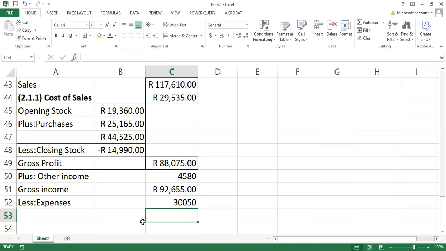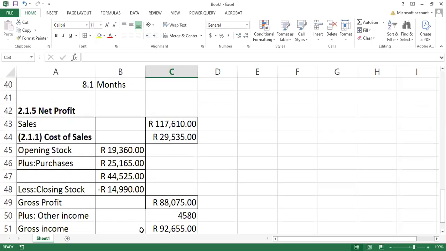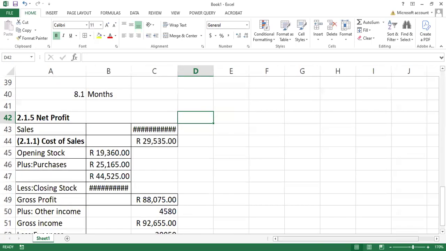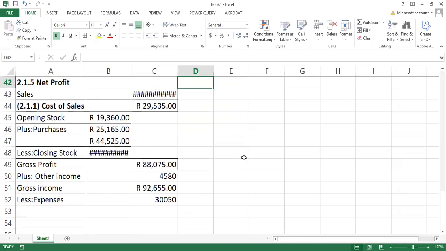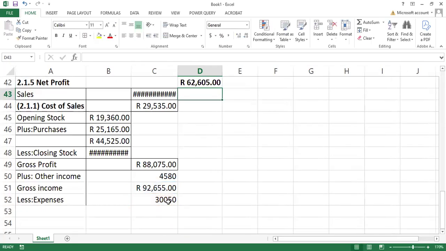So we are going to say now, you are going to say is equal to gross income less expenses. You'll get your amount there on top.